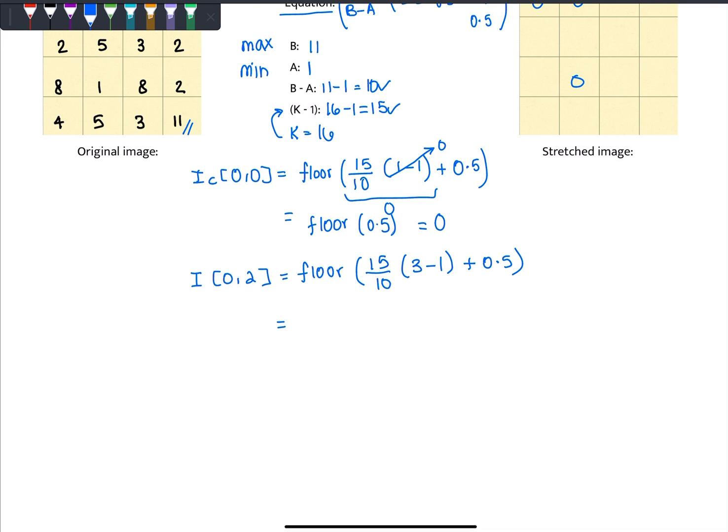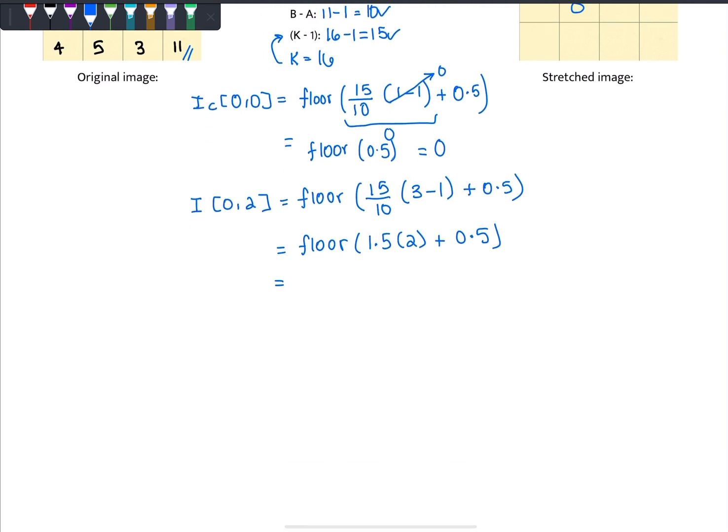We get the floor of 1.5 multiplied by 2 plus 0.5, which equals the floor of 3 plus 0.5, which is the floor of 3.5, which equals 3.